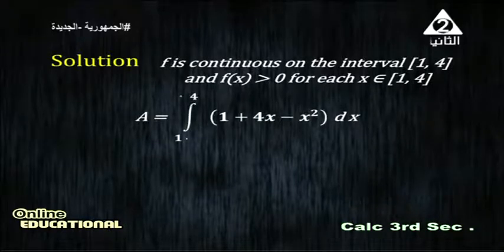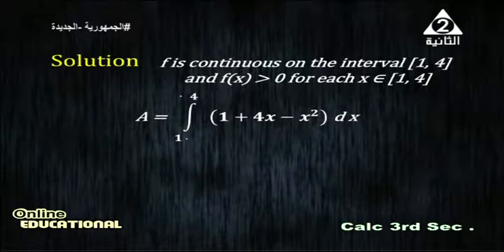Since the function f is continuous on the closed interval 1 and 4, and f of x is bigger than 0 for each x belonging to the closed interval 1 and 4, then the area A equals the definite integral of the function 1 plus 4x minus x to the power 2 dx from 1 to 4.